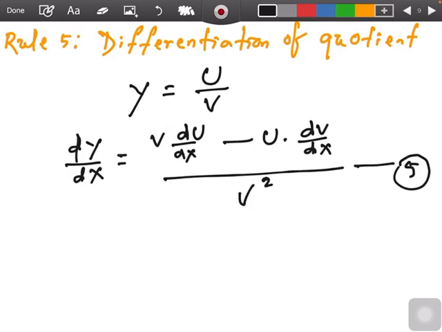Let for example y is equal to, one example we will be solving now.